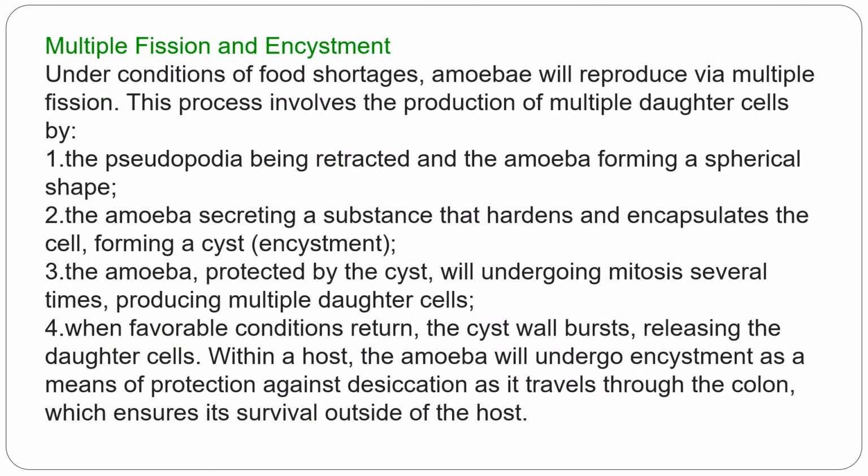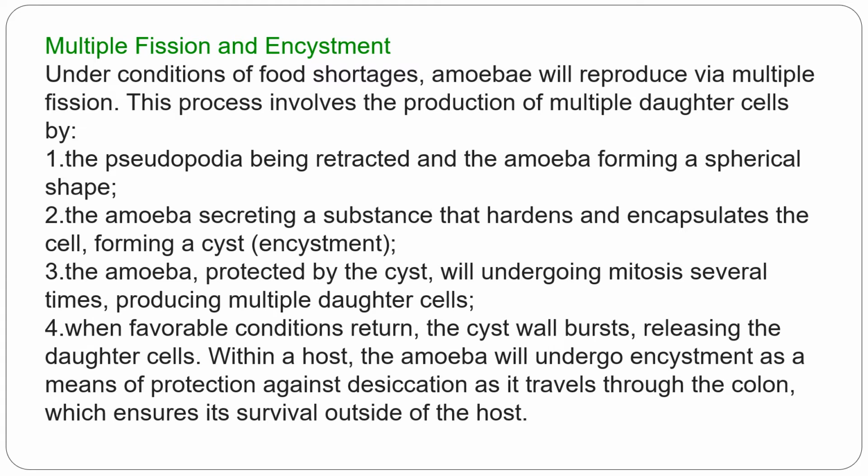Multiple fission and encystment. Under conditions of food shortage, amoebae will reproduce via multiple fission. This process involves the production of multiple daughter cells, first by the pseudopodia being retracted and the amoeba forming a spherical shape.